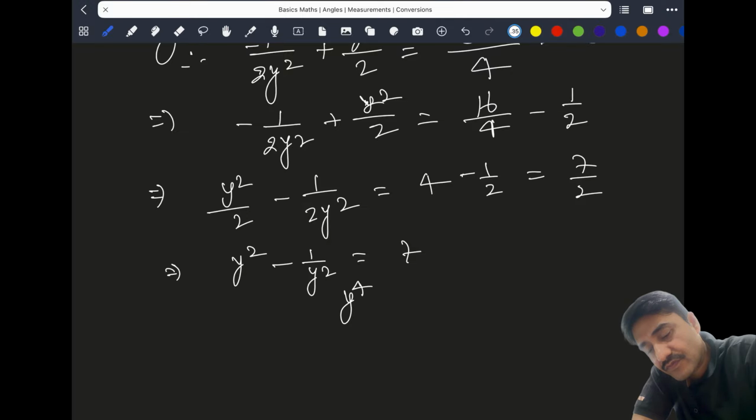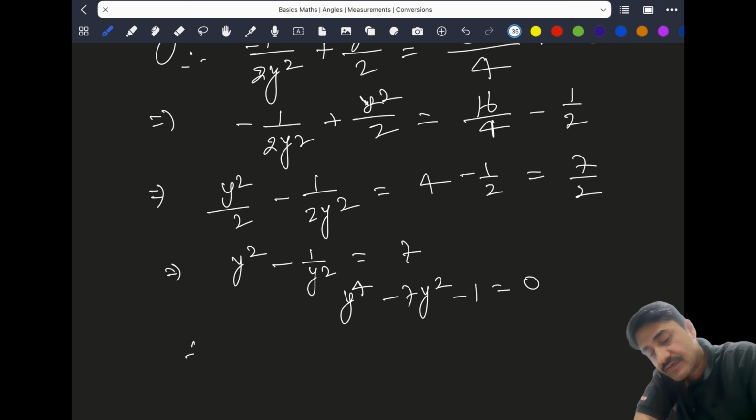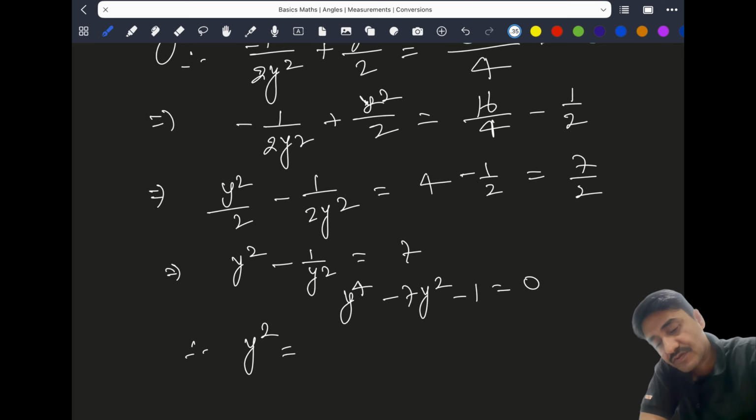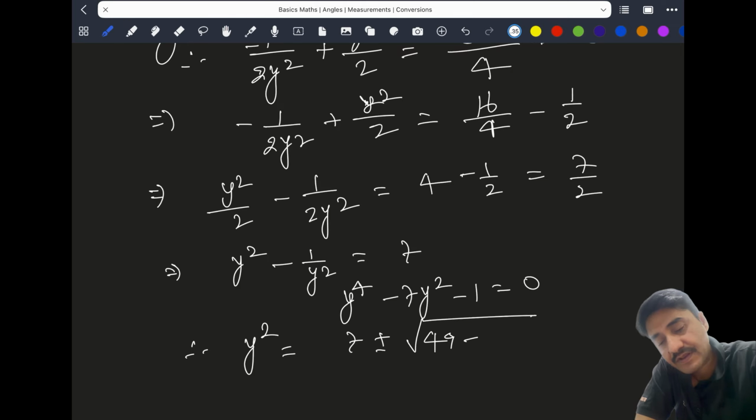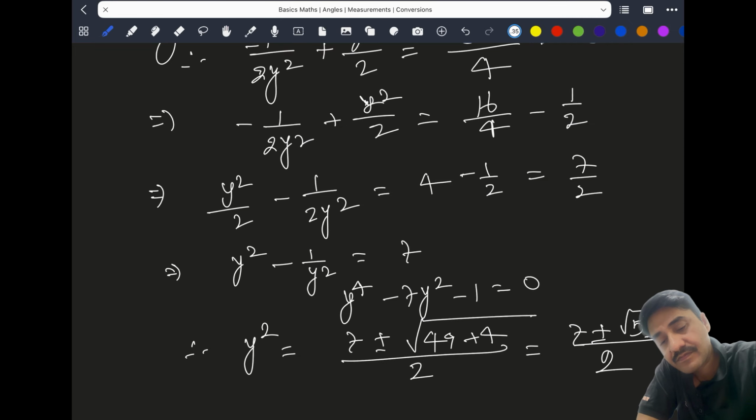Y raised to 4 minus 7y square minus 1 equal to 0. So y square is equal to 7 plus minus root under 49 plus 4, and this is equal to 7 plus minus root under 53 by 2.